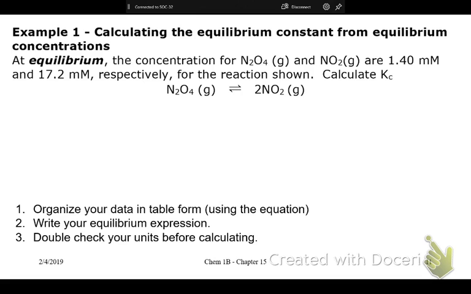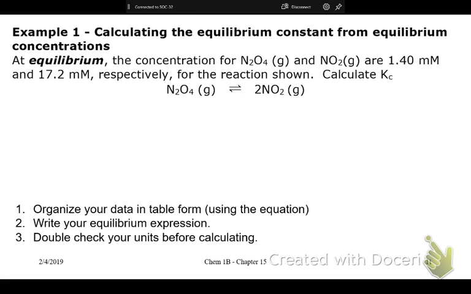If it's already in equilibrium, you don't need a nice table. You can set one up, and as you fill in information and it comes out that everything's on the equilibrium line, just go with it and calculate. But this problem says, at equilibrium, the concentration of N2O4 gas and NO2 are 1.4 millimolar and 17.2 millimolar, respectively, for the reaction shown. Calculate Kc.